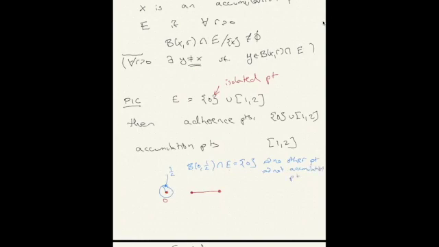On the other hand, if we take the point 2, say, then for every radius r positive, the ball centered at 2 will intersect E in a way that excludes 2.